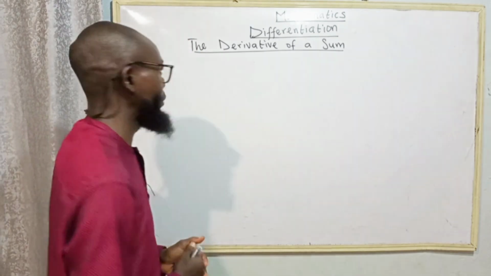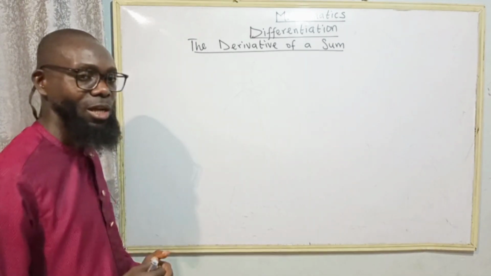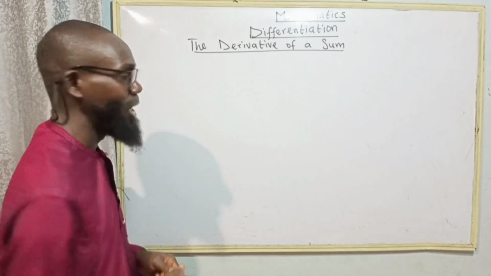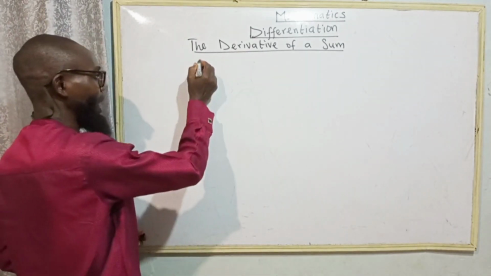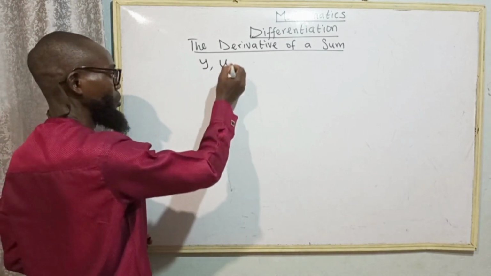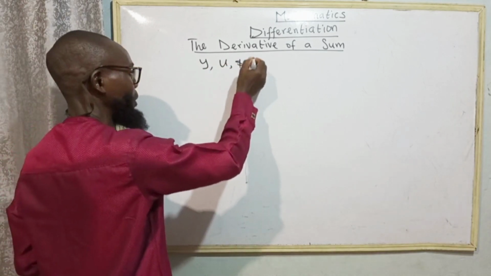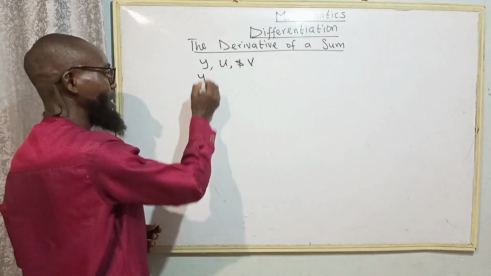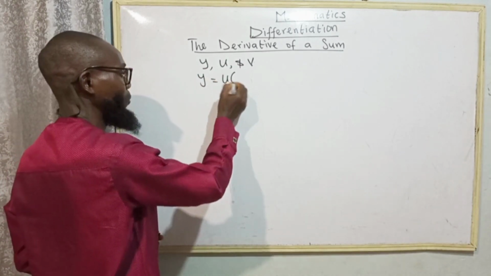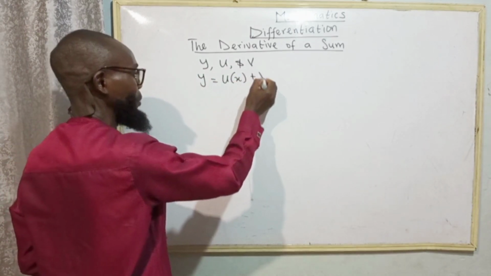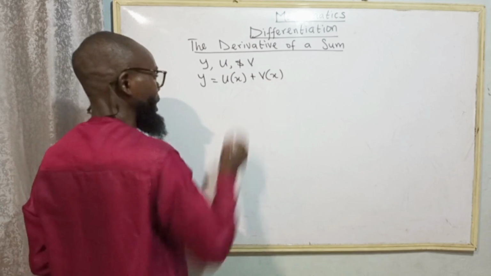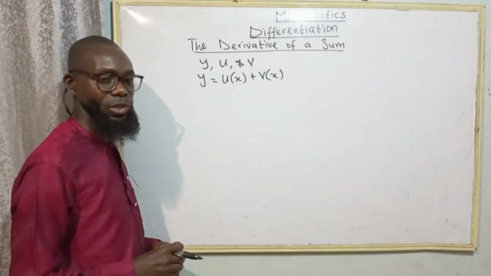Now, the derivative of a sum. Let's assume we have a function u of x and a function v of x, where y is equal to u of x plus v of x. I want to find the derivative of it.